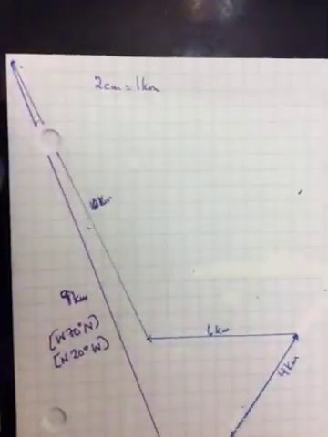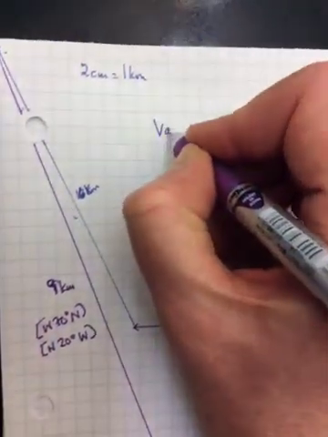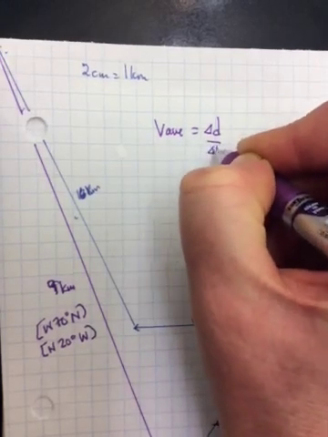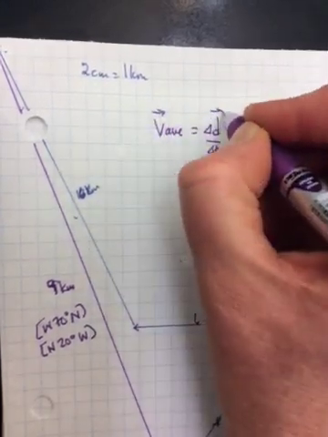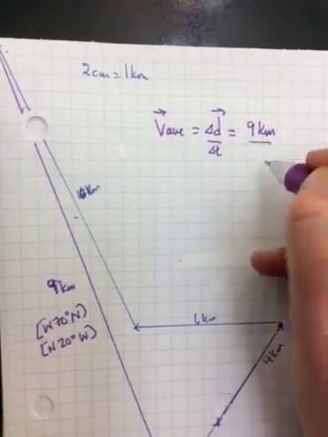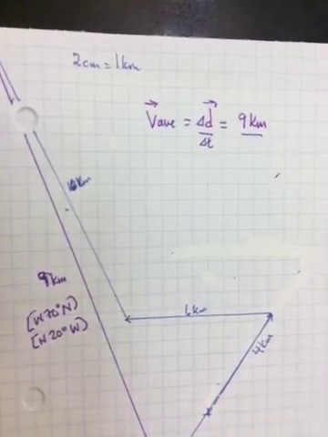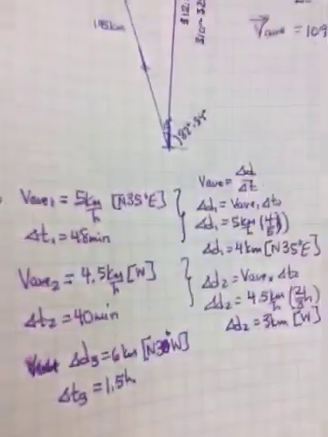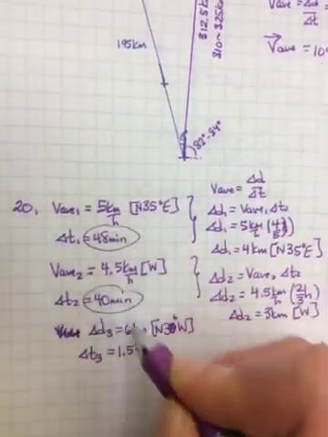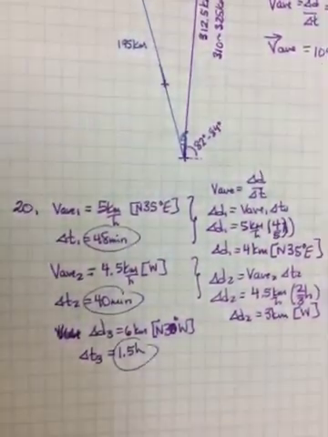So his average velocity for the trip, again, is v_av equals delta d over delta t. So his displacement, which we just found, and I found to be 9, you may have found to be a little bit different. And then you have to add up the total times. So you have to go back here. We had 48 minutes, we had 40 minutes, and we had an hour and a half.